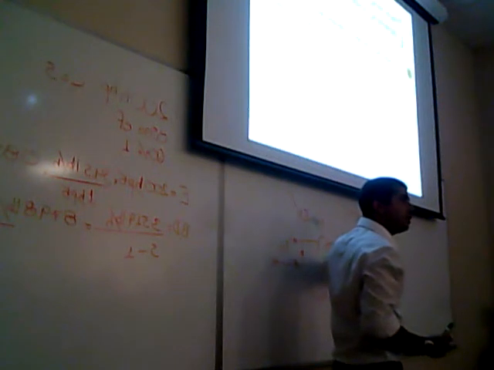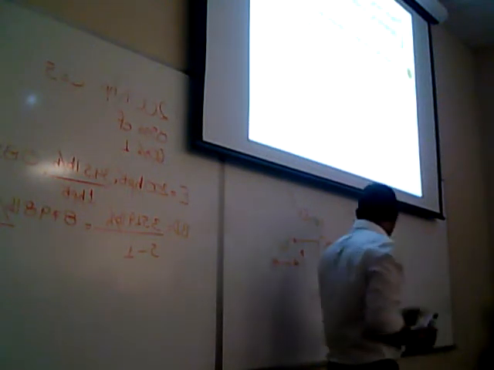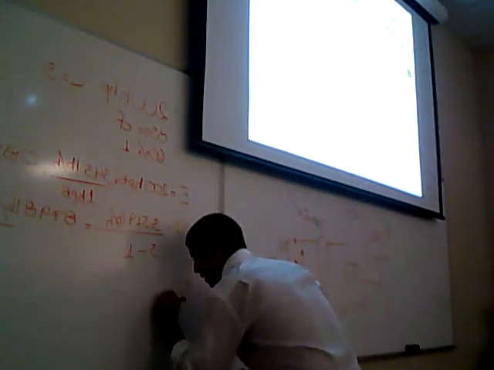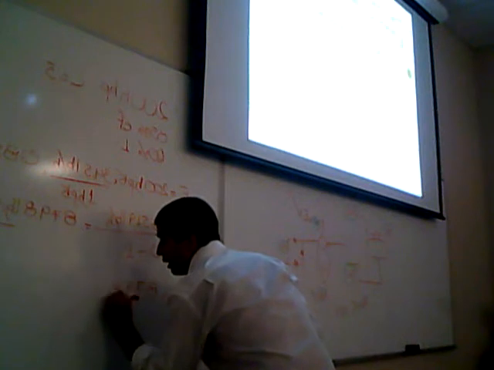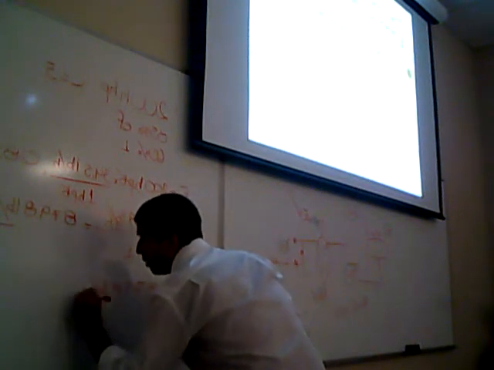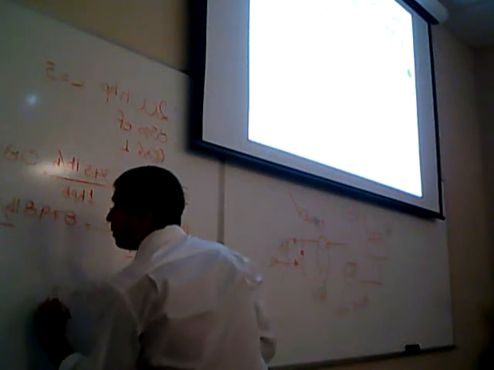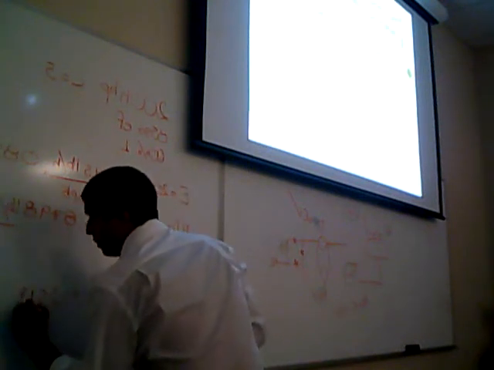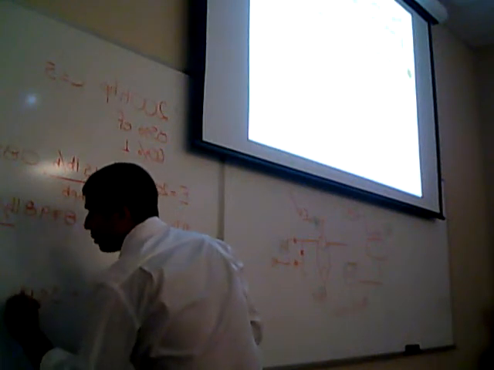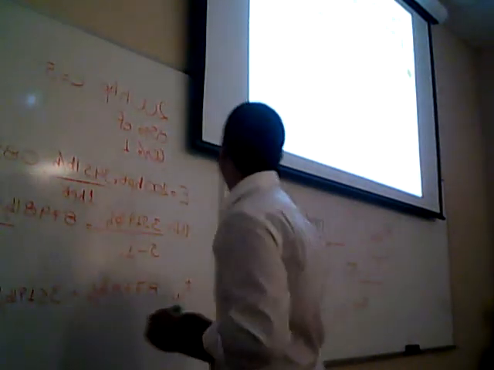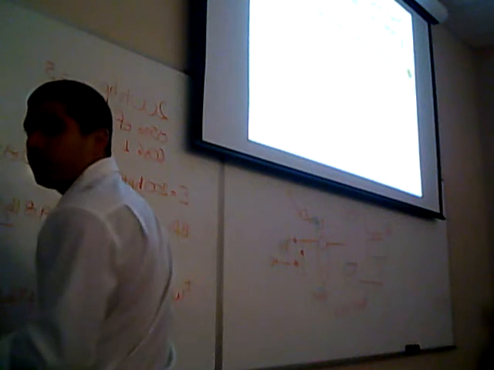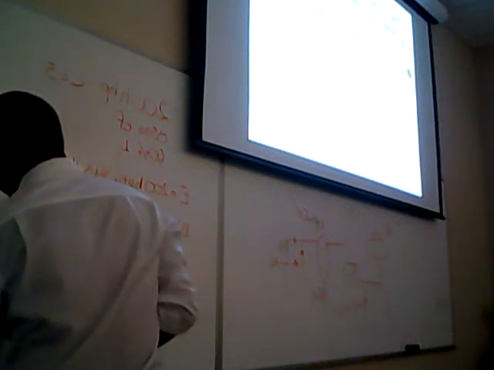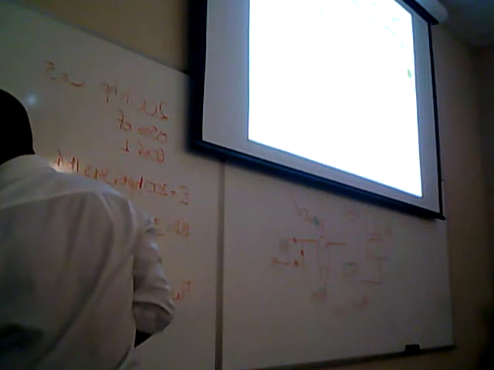Any question? So here it's going to be equal to 879.8 pounds per hour plus 3,519 pounds per hour. That's going to be equal to 4,398.8.